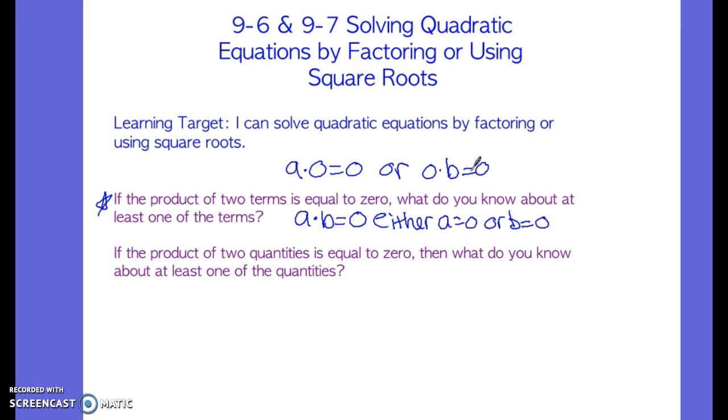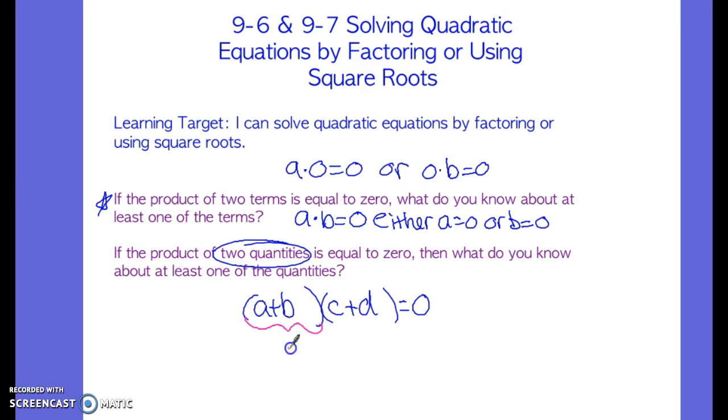So thinking along the same lines, if the product of two quantities, so quantities would be two binomials, so let's suppose that I have a plus b and c plus d equals 0. What do we know about at least one of these quantities?